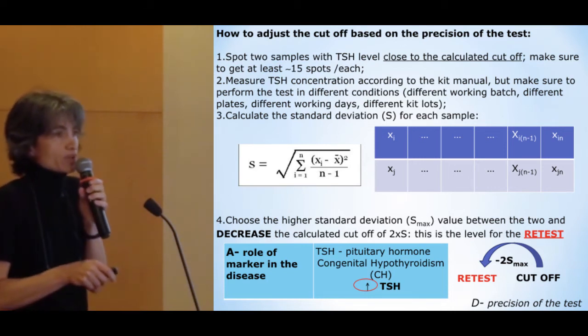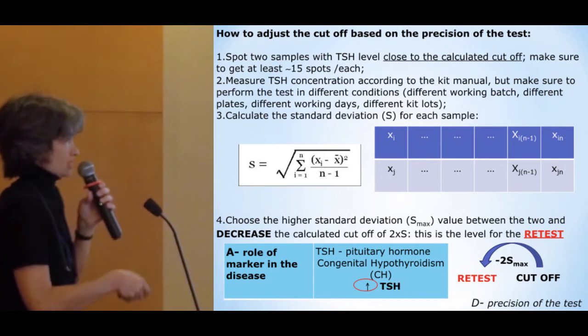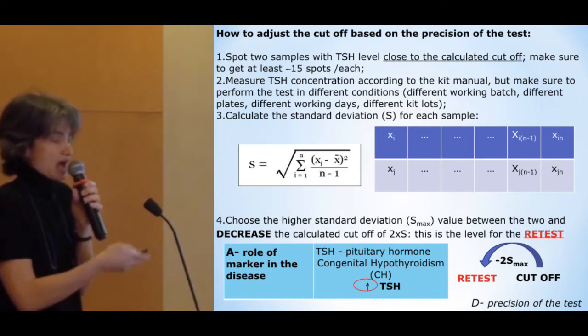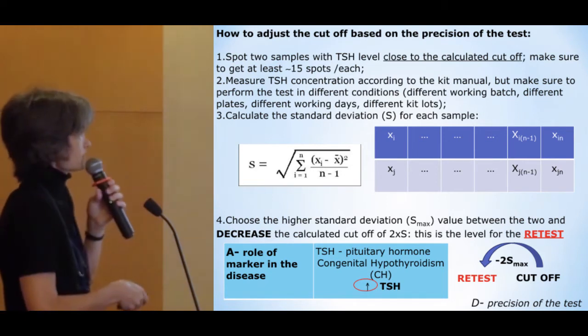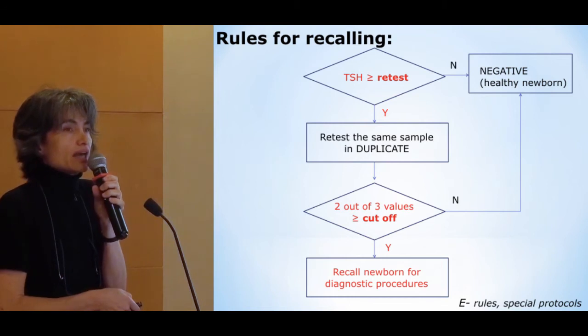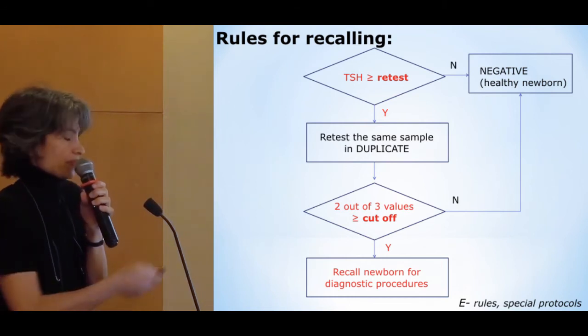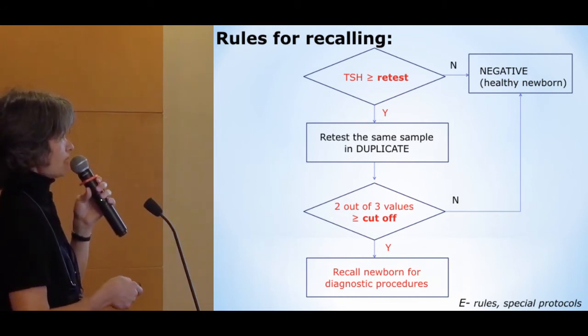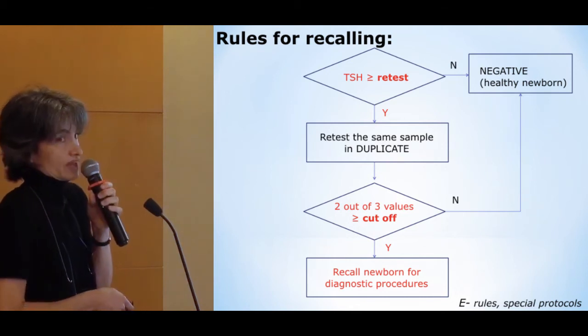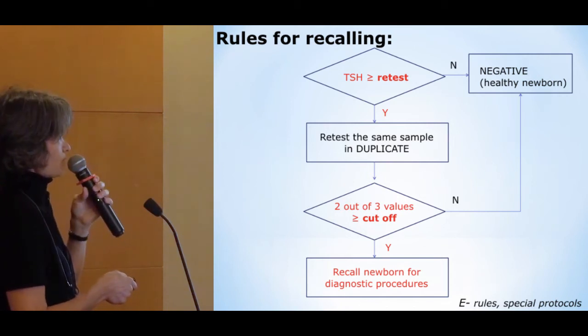So far, we calculated two values, the cutoff and the retest. How to use them all? And this is the algorithm for the recalling that we use in our lab. Those are the two levels that we set, the retest and the cutoff. And it works this way.